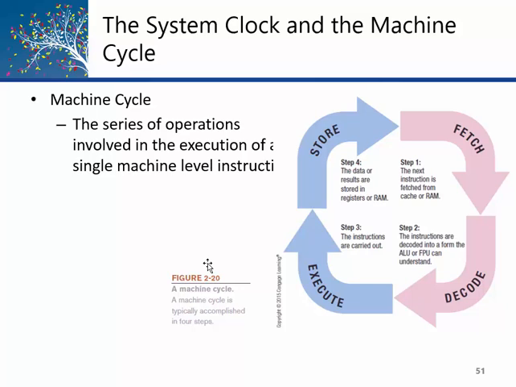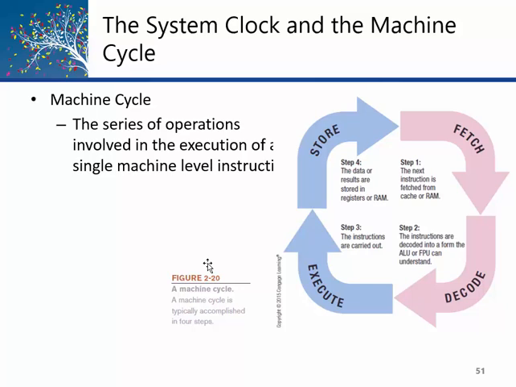So what is the CPU doing? Remember, the CPU and memory work together, and that is something called a machine cycle. If you look at this machine cycle, you'll see step 1 in the upper right hand corner, fetch, and step 2, decode, and step 3, execute, and step 4, store. And that process is repeated billions of times per second. Fetch, get the instruction.